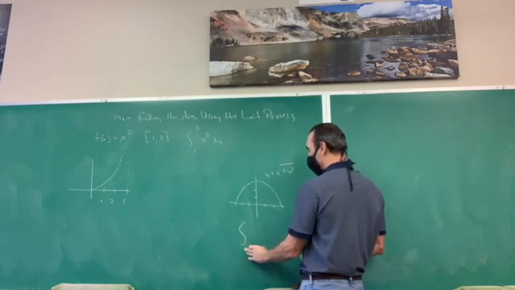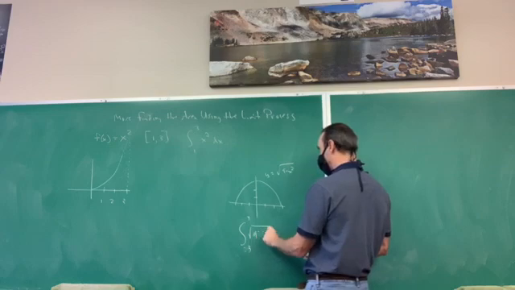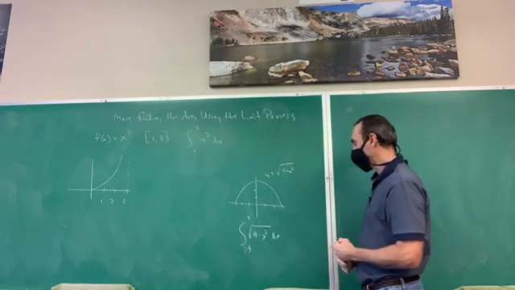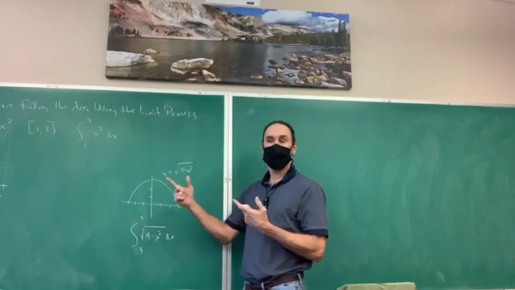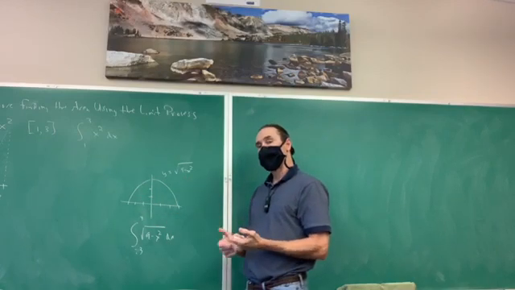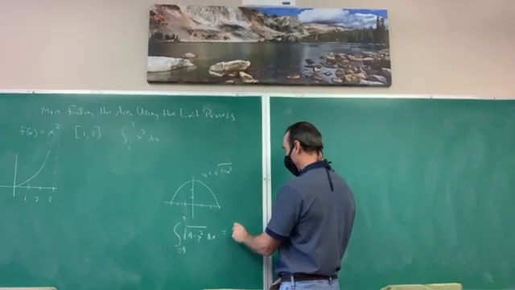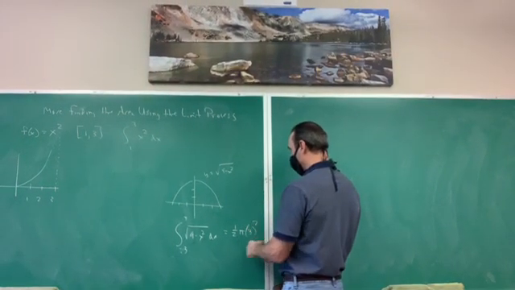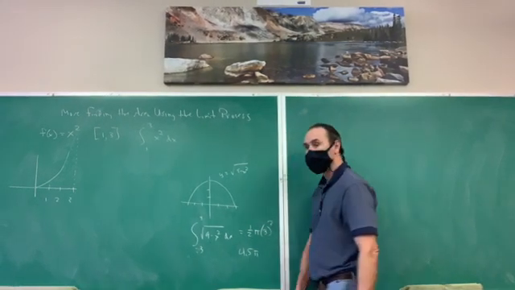We could say the integral from -3 to 3 of the square root of 9 minus x squared. We could use an area argument and say, oh, we know the area of a circle is pi r squared, so the area of a semicircle is going to be 1/2 pi r squared, and so that's going to be 4.5 pi.